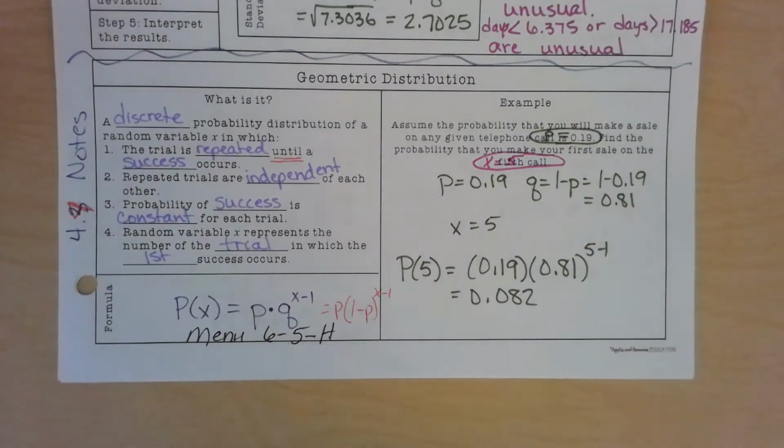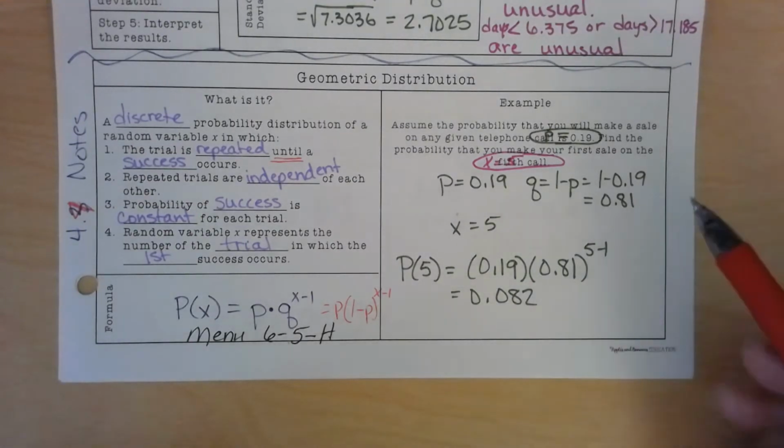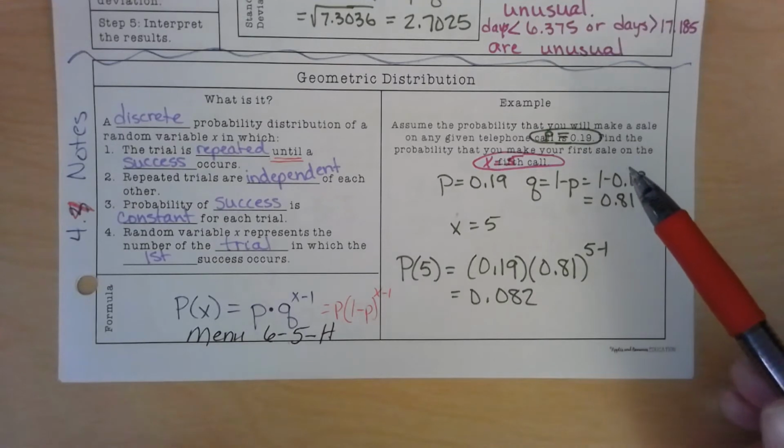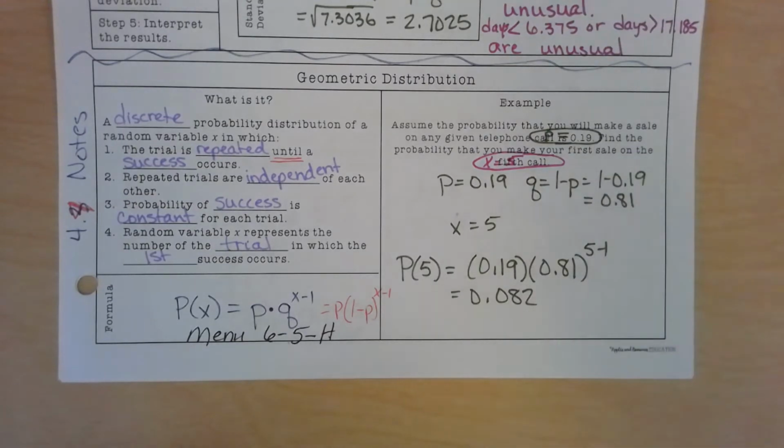So if we assume the probability that you make a sale on any given telephone call is 0.19, you try to make the call, and you have a 19% chance of actually making a sale. We want to find the probability that the first sale comes on the 5th phone call. So you call, they say no, you call again, they say no, you call again. On the 5th one, that is your success.